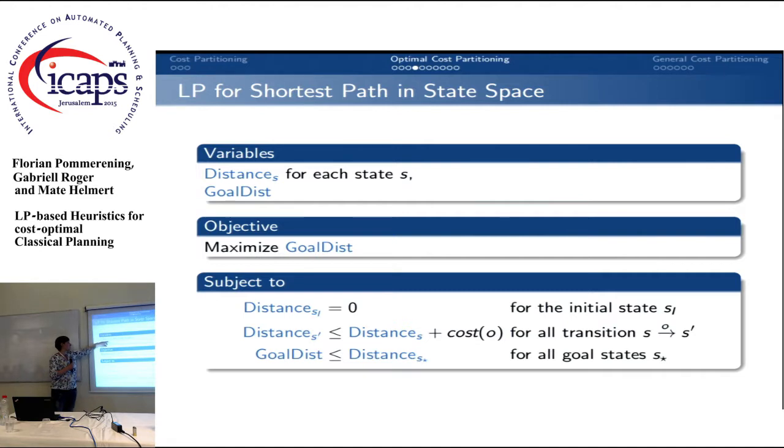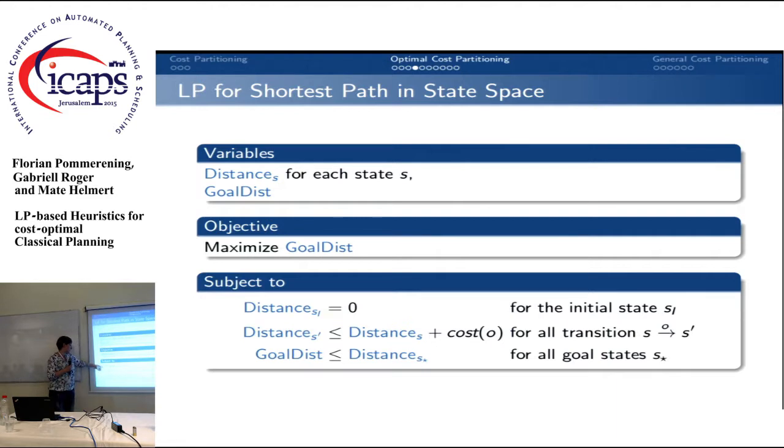And then we have a variable distance s for each state in the state space. This should capture the shortest distance from the initial state to this state s. And we want to maximize the goal distance. That looks odd at first, because we want to find the minimal goal distance, but after the constraints, I think it becomes more clear.